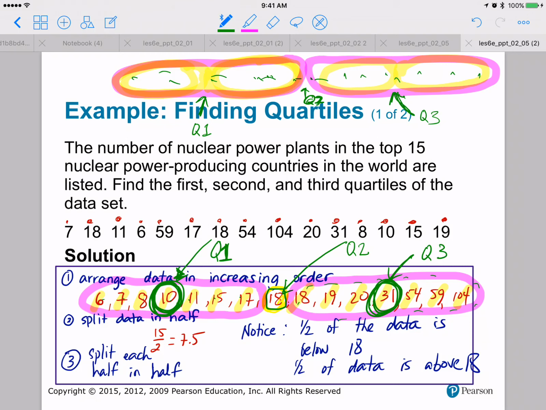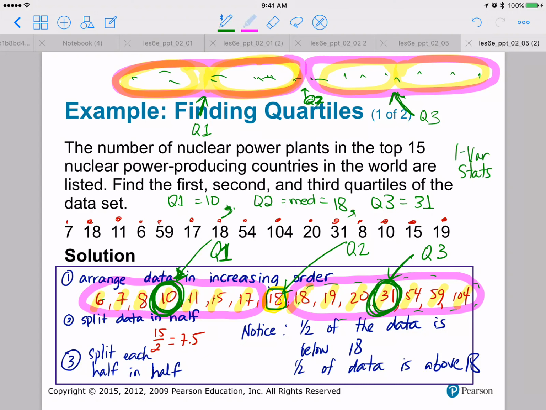Find the first, second, and third quartiles of the data set. Q1 is equal to 10. Q2, which is the median, is equal to 18. And Q3 is equal to 31. You can also find Q1, Q2, Q3 using your 1-var stats.